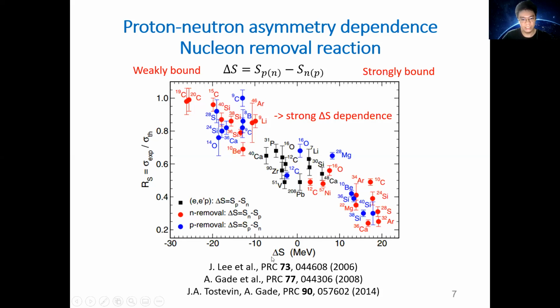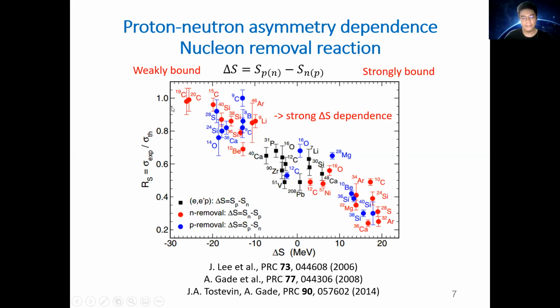In this talk, we call it delta S. The larger the positive value, the more strongly bound the knocked-out nucleons; and the more negative the value, the more weakly bound the knocked-out nucleons.